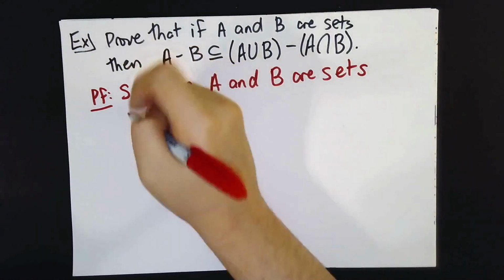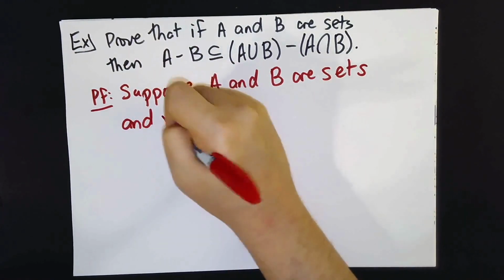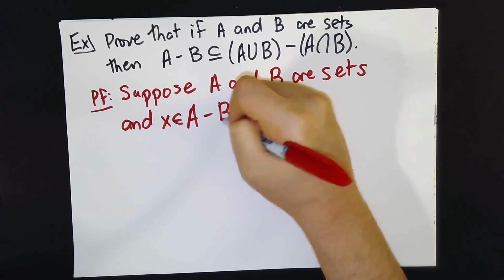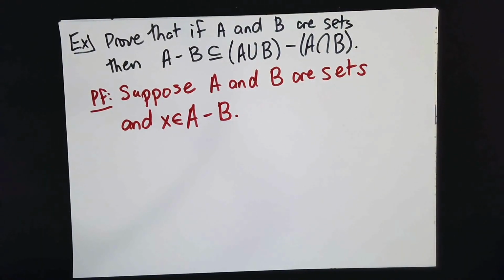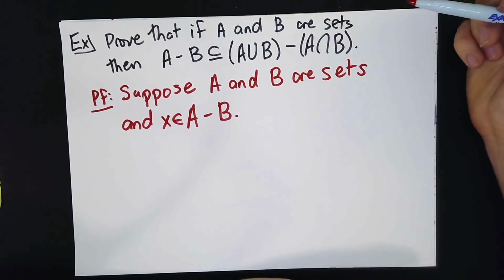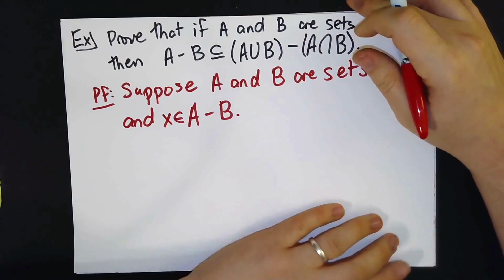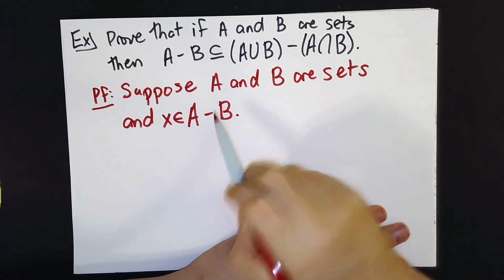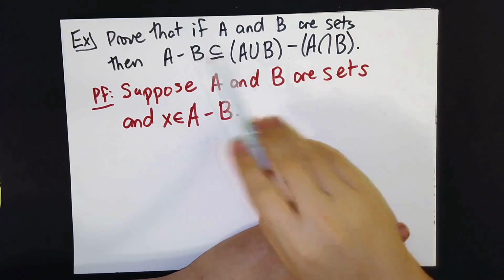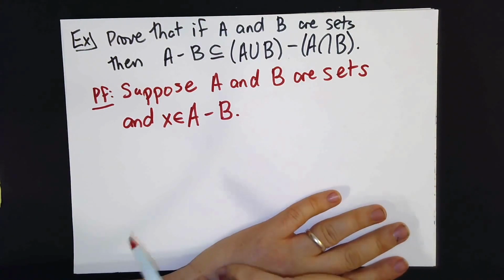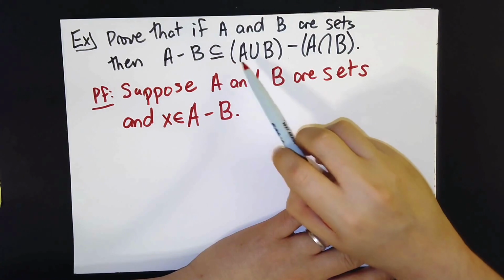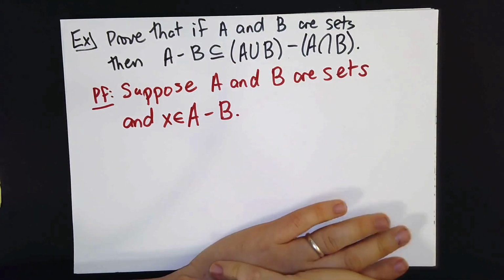And the answer is, I also have to suppose that little x is an element of A minus B. I don't have to call it little x, but I have to suppose something is an element of A minus B. Again, the reason for this is because being a subset is an implication. And so what being a subset is, is the implication: if x is an element of A minus B, then x is an element of (A union B) minus (A intersect B).